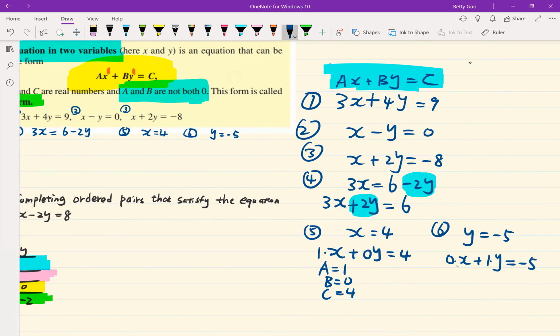It is in the form of ax plus by equals c, where a is 0, b is 1, c is -5, right? By the definition, number 6 is also a linear equation in two variables.